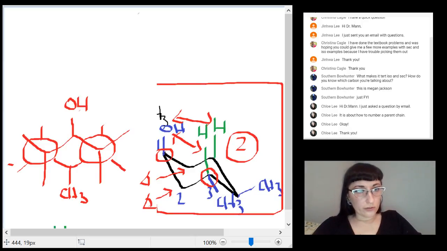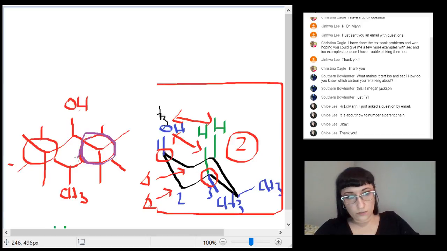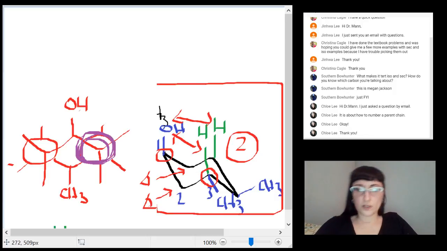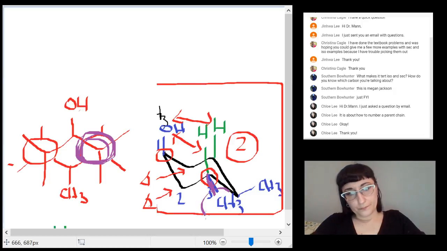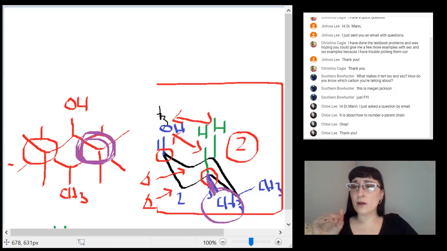It's this carbon right there, the one that's behind there, okay? And that CH3 that's coming off is coming off in the equatorial position.